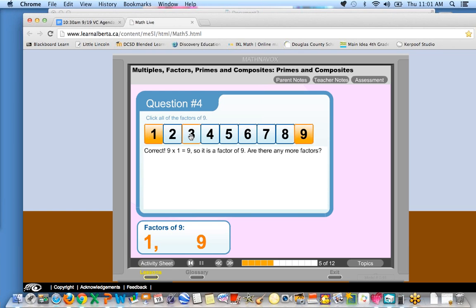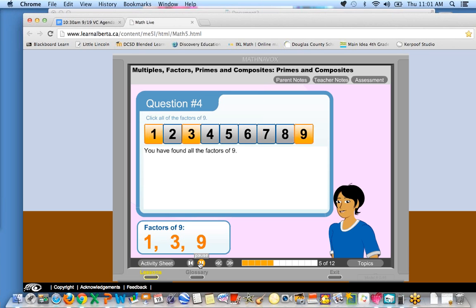You guys should be coming up with 3 times 3, right? Nothing else will multiply together and come up with an answer of 9. Notice that the number 9 has three factors, 1, 3, and 9. A number with 3 or more factors is a composite number.